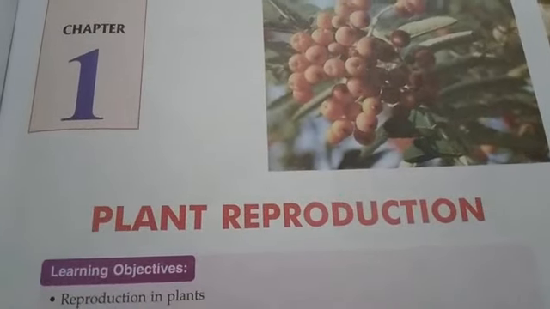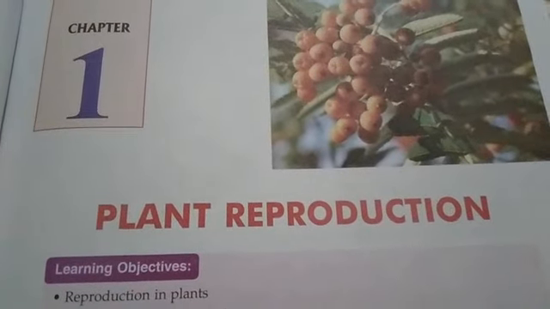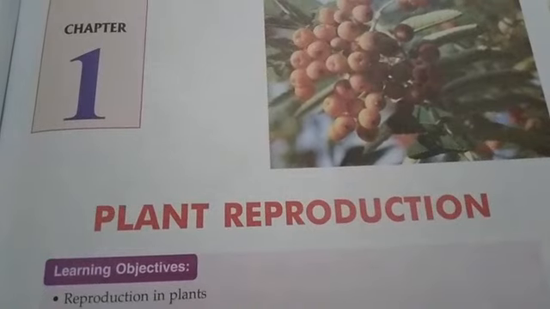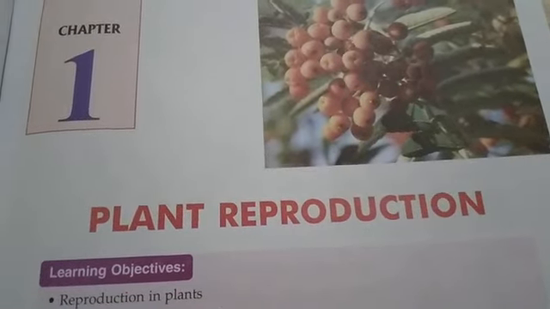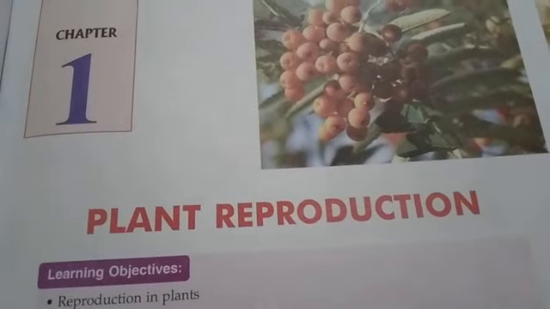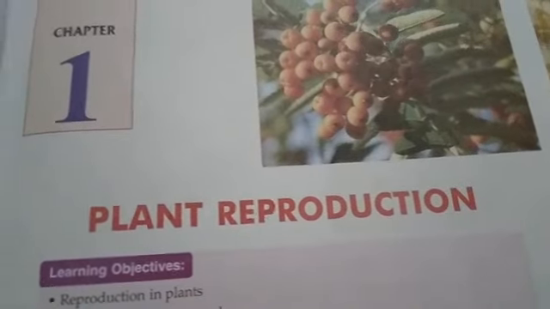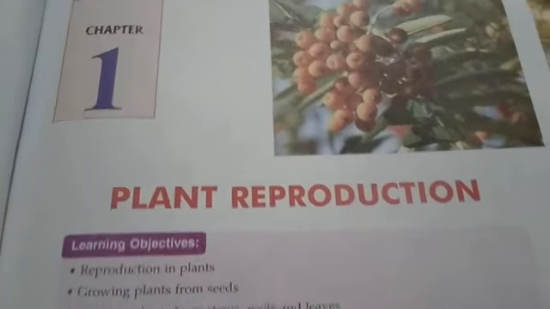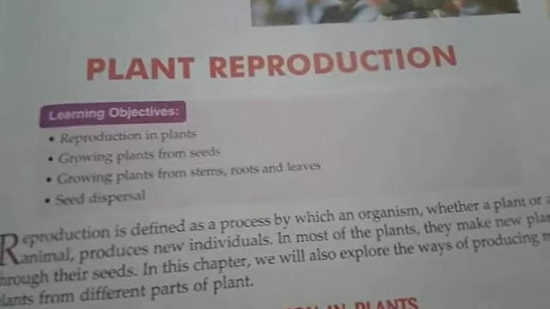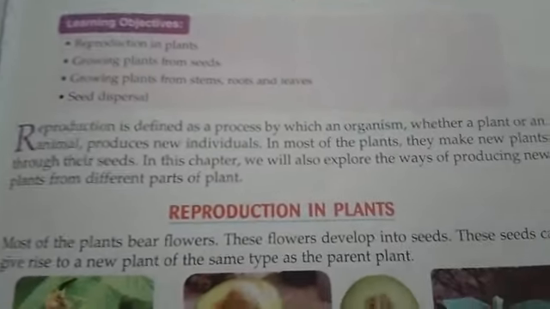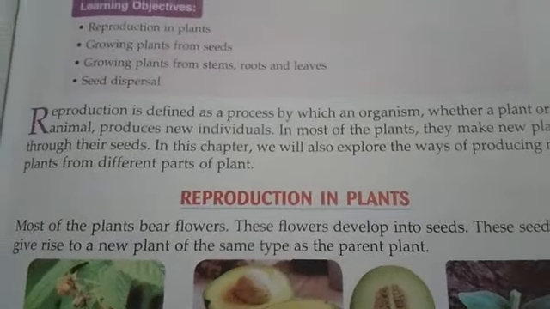We already completed our chapters for the first term examination and we started our revision classes. In my previous class, I already started revision of chapter 1, plant reproduction. Reproduction is defined as a process by which an organism, whether a plant or an animal, produces new ones.